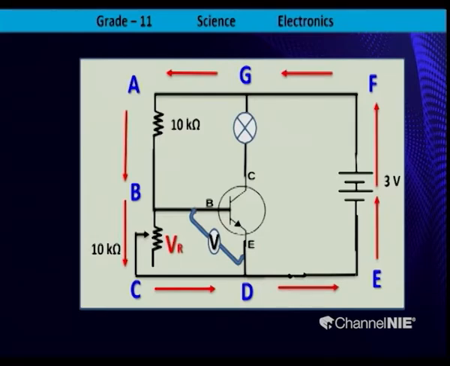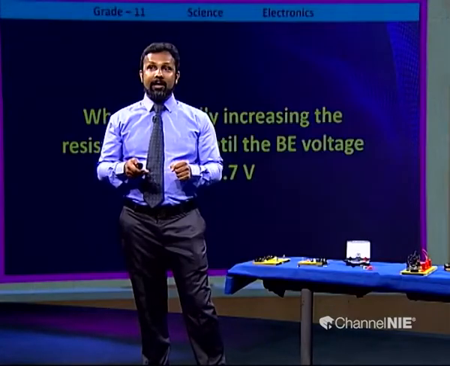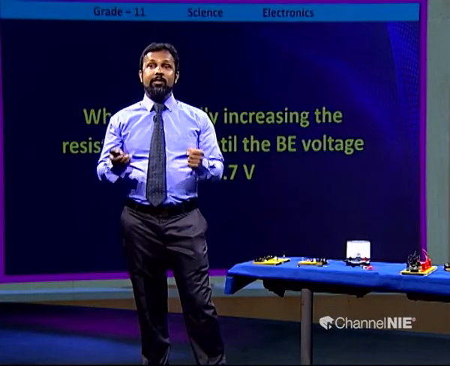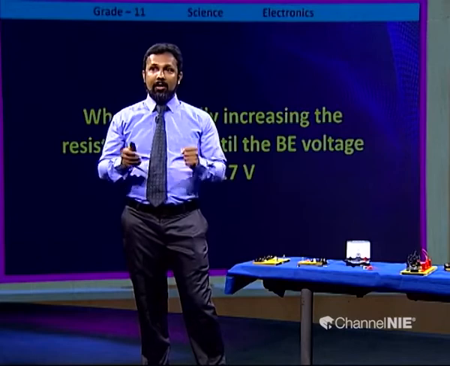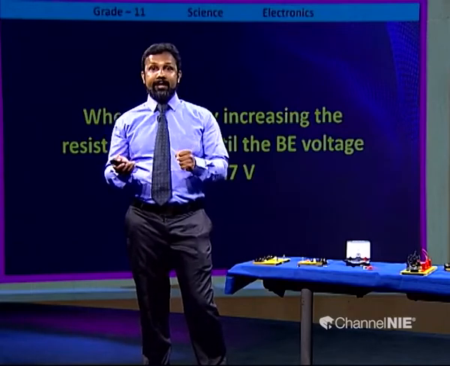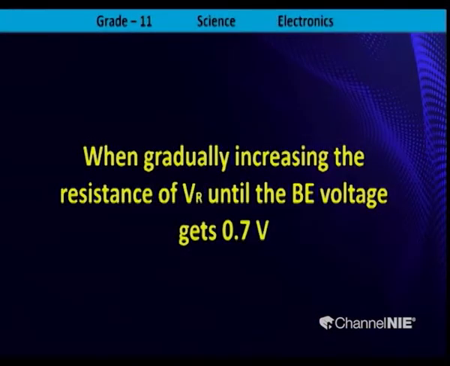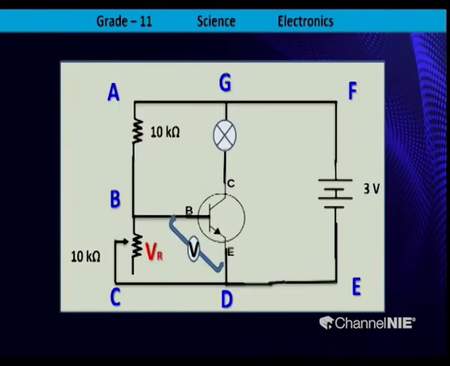Right. Now, we are going to increase the resistance of the variable resistor until the BE voltage gets to 0.7 volts here. Then what happens when increasing the resistance of the variable resistor? Right.